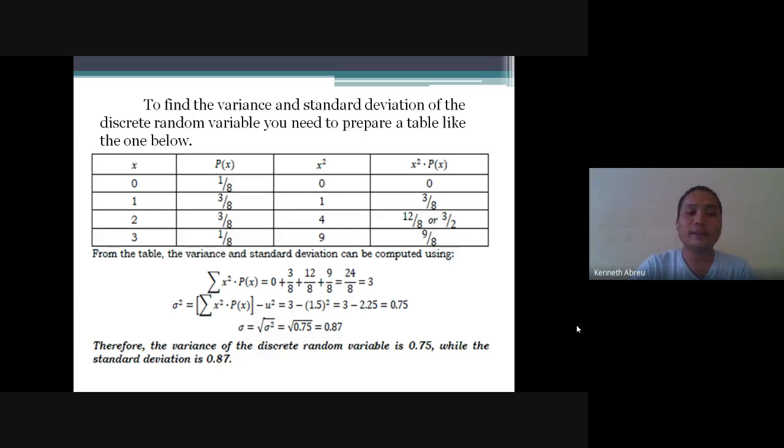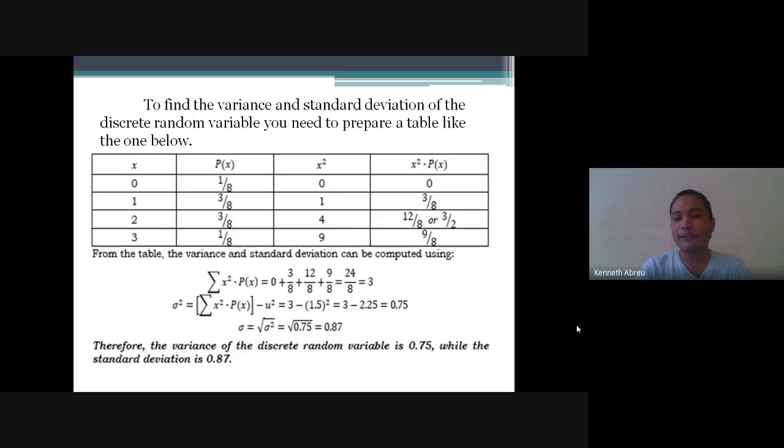So, makukuha nating variance would be 0.75. Since 0.75 would be the variance of the given probability distribution. Okay? That would be the variance.